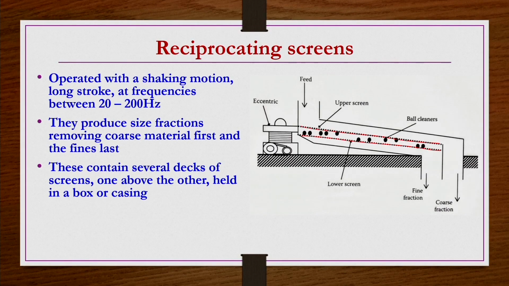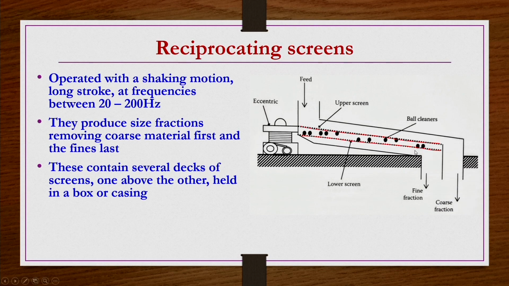In between these screens there are ball cleaners also provided. So, here what happens, the coarsest material, that feed that comes down here, passes through the top surface, and whatever the finer material is there would be passing through the screen of larger openings, and then you can get different fractions in between if you have a large number of screens.